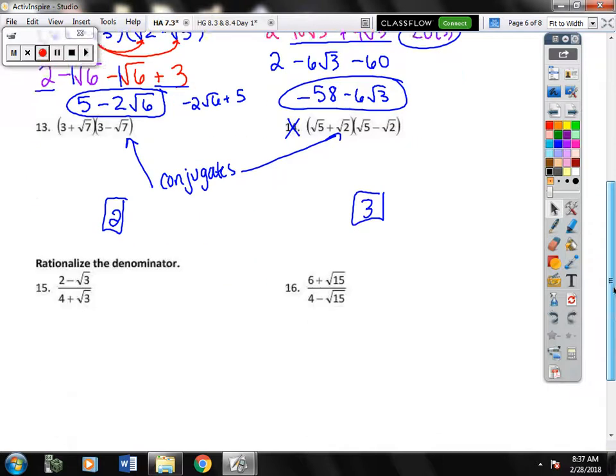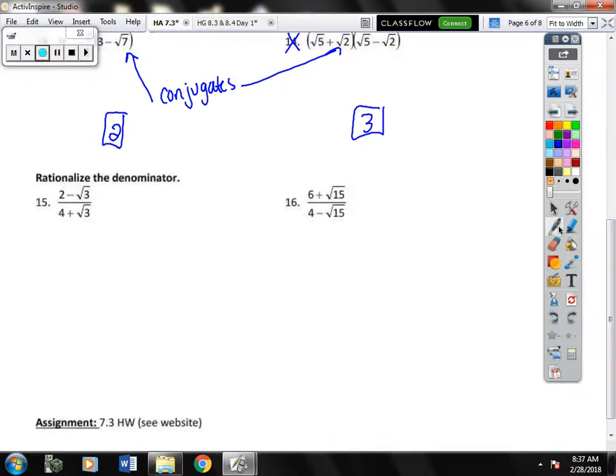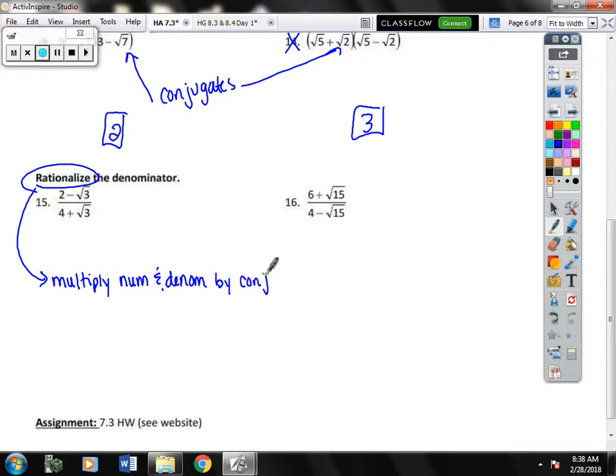Now the dividing. When you are rationalizing the denominator, what you're going to do is multiply both the numerator and the denominator by the conjugate of the denominator. So normally we just multiply by what's in the denominator.